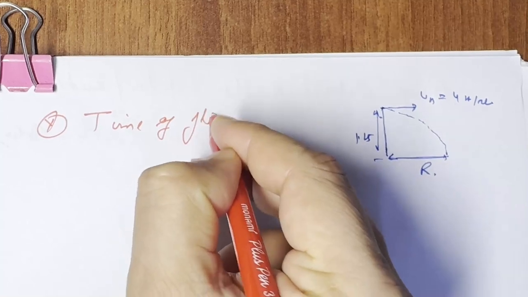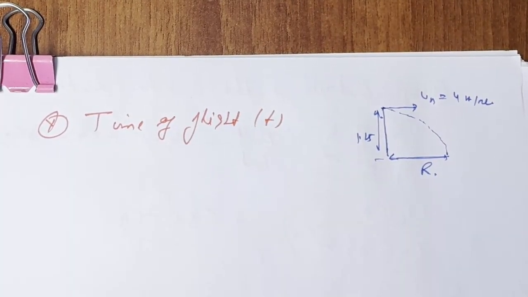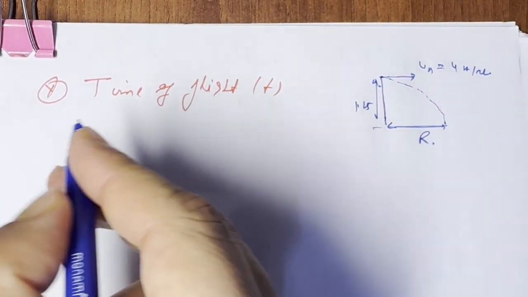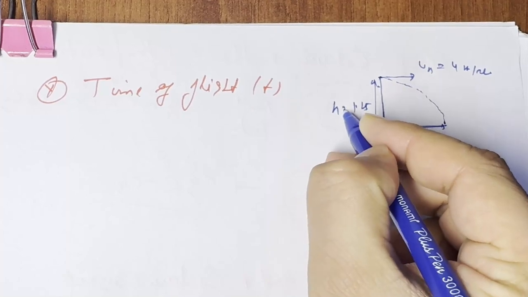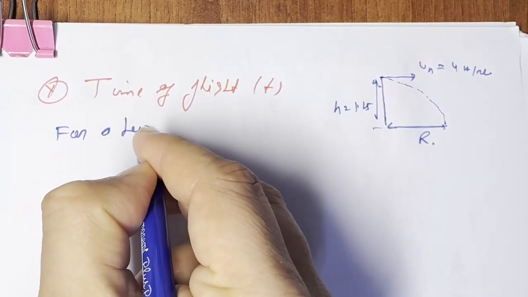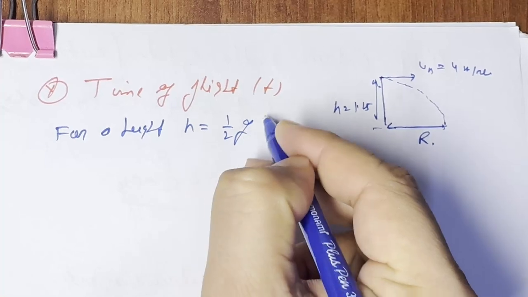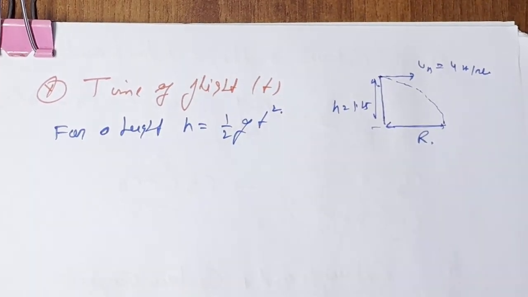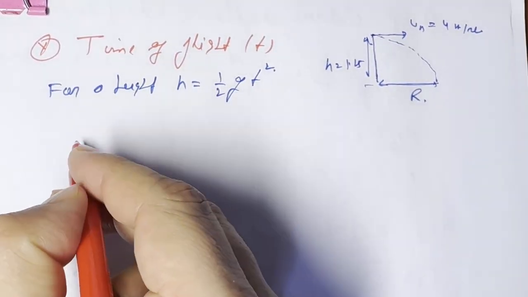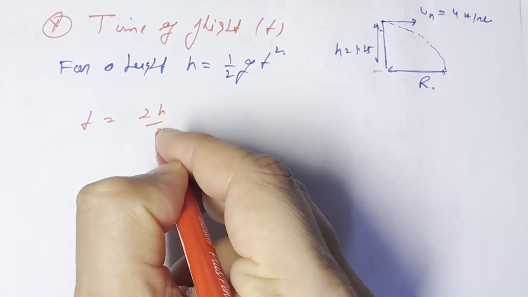Time of flight, given as t. For a height h, h will be equal to half g t square, and from here t will be equal to the square root of 2h by g.